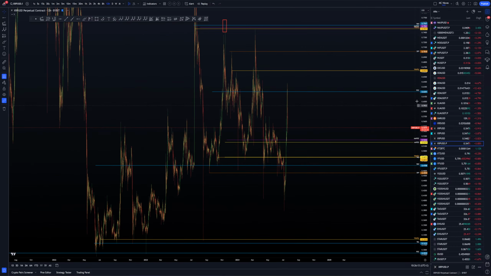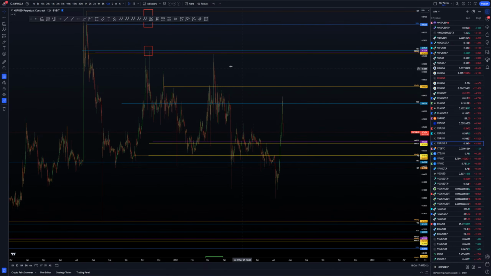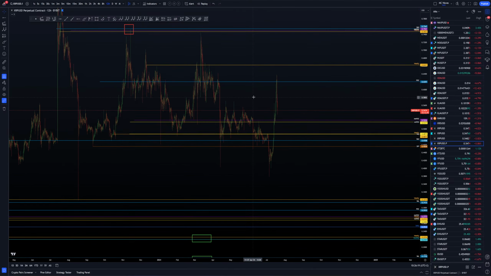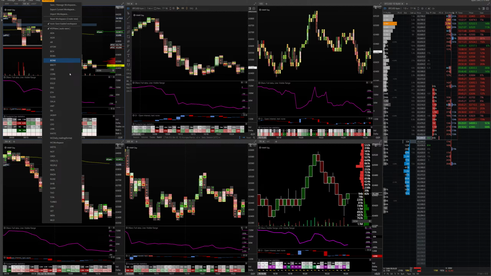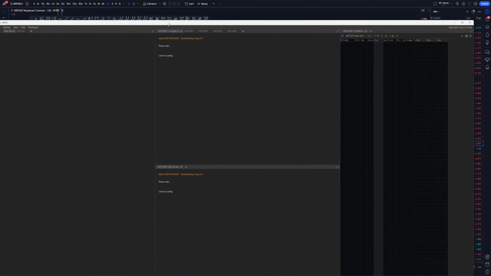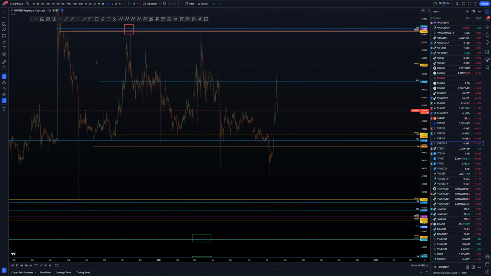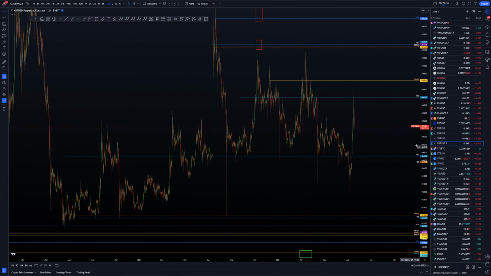I updated this chart, or not at all? Well, it looks like not, to be honest. Let me just go in here. Oh yeah, I remember why, because I don't have the XRP one here. Alright, so let me do this really quick. Let's go in here and load every single level here.